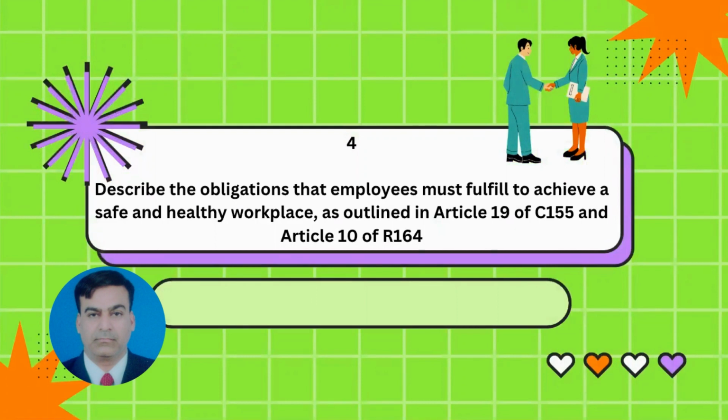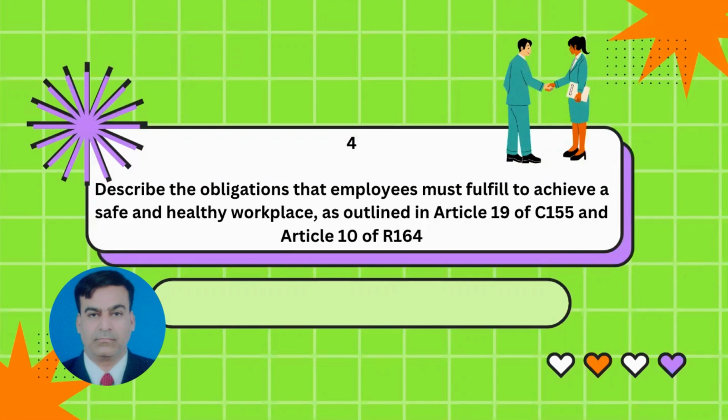Article 19 of C155, or Convention 155, states that all workers and their representatives have a duty to cooperate with their employer in order to fulfill their safety obligations. This means that workers are expected to actively participate and collaborate with their employers in matters related to occupational safety and health.